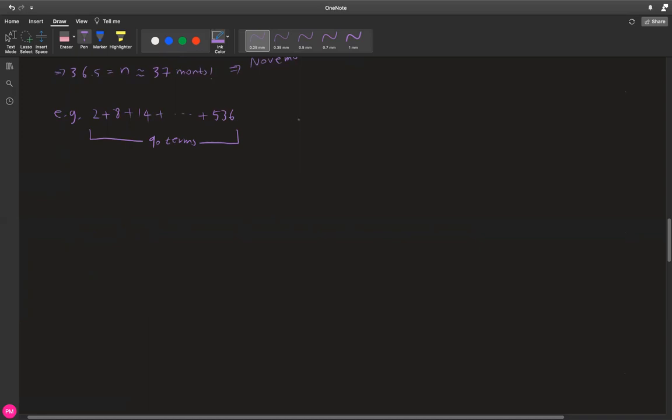So let's revise the arithmetic sum formula again. The arithmetic sum formula is given as the first term of the sequence added to the last term of the sequence, you multiply by the number of terms, and you divide by 2.